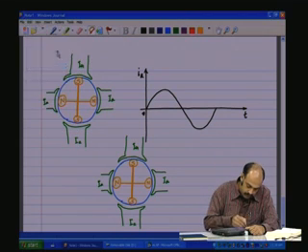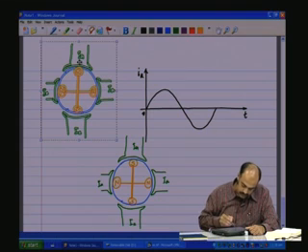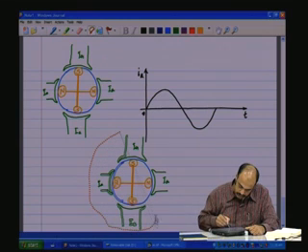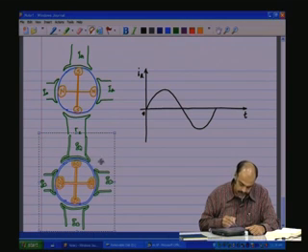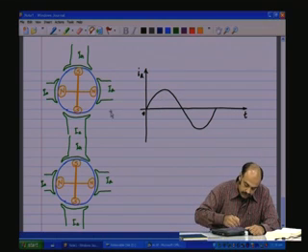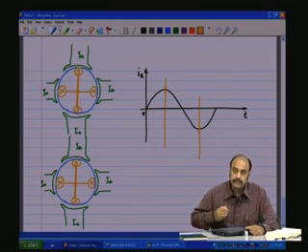Let me shift this above, make some space so that you will be able to include this here. So now let us see what happens at these two critical points, that is, the positive max and the negative max.